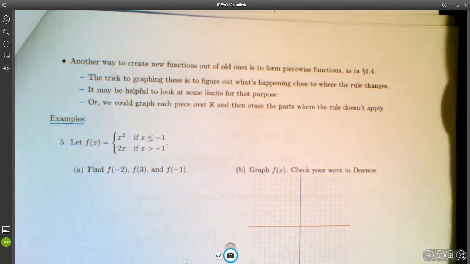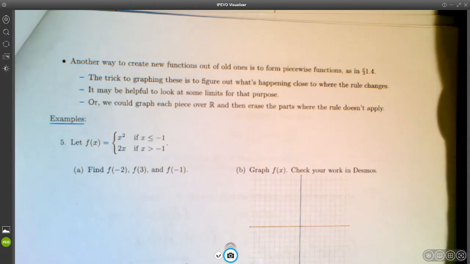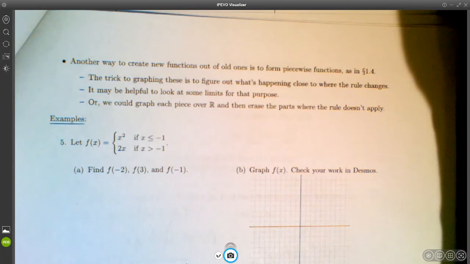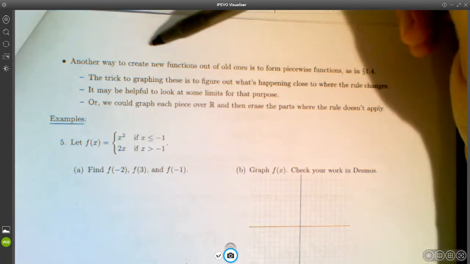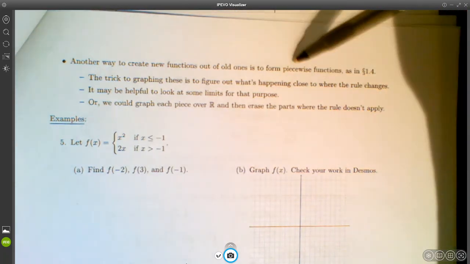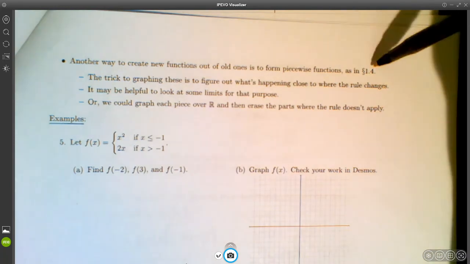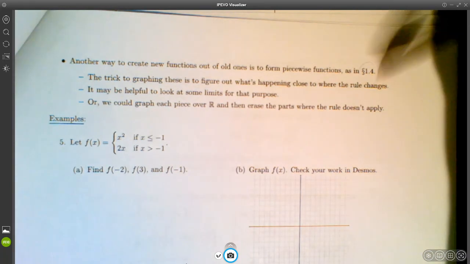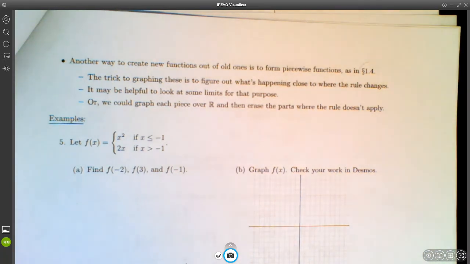Or a better way to think about it is we can think of really complicated functions in terms of these simple building blocks that they're made out of, right? But another way that we can create new functions out of old ones is to form piecewise functions, which we've already seen, right? We saw piecewise functions back in section 1.4 at the beginning of the course. But it's maybe been a while since we've looked at piecewise functions, so let's remind ourselves how these things go.